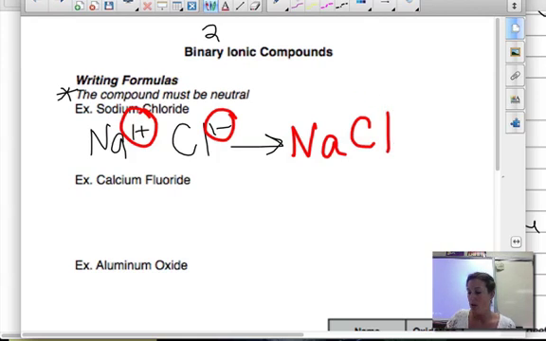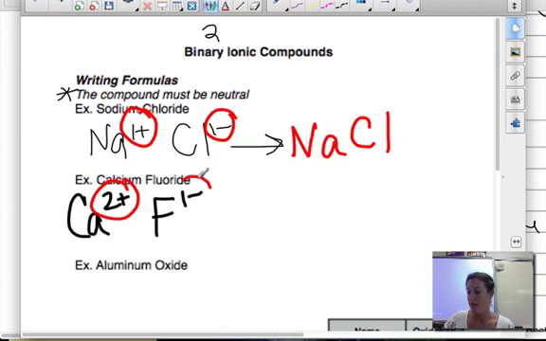Next example, calcium fluoride. Calcium is Ca. We find calcium in group 2, so it has a positive 2 charge. Fluoride is found in group 7, has a negative 1 charge. Now if we look at this example, our charges are not balanced. So for us to balance them, I'm going to bring in another fluorine that has a negative 1 charge.